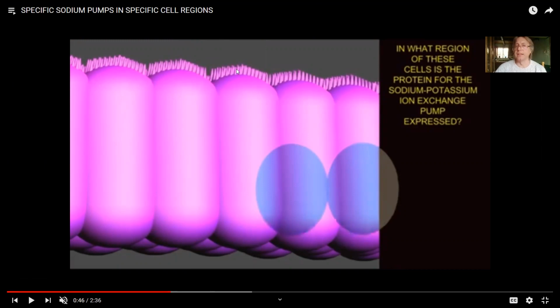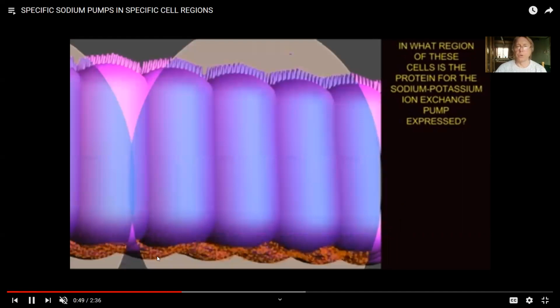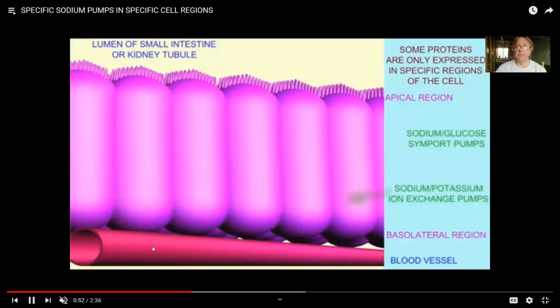Notice the microvilli to help secrete and absorb things in the kidney tubule. Instead, the sodium-potassium exchange pumps are located here, the basolateral membrane, which face the blood vessels. So when these pumps pump sodium, for example, it's leaving the cell, going towards this blood vessel, so that it will be reabsorbed.